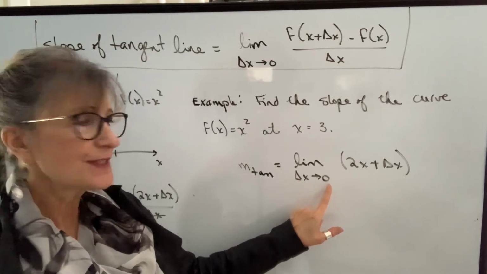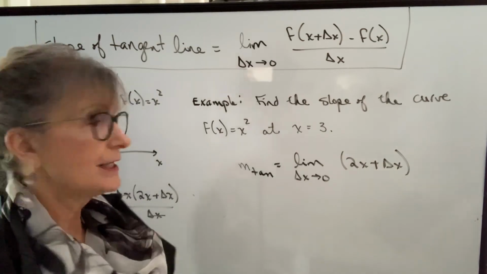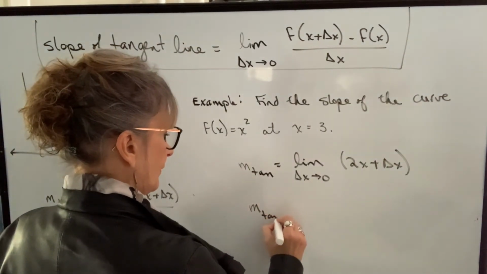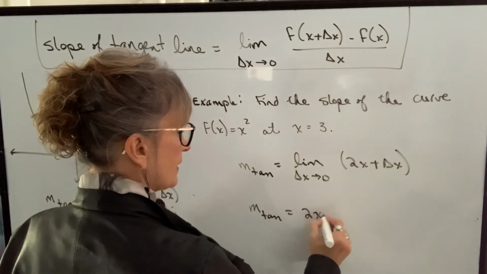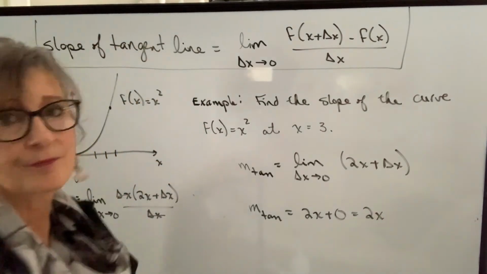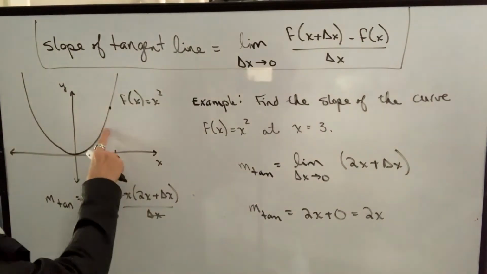Is this continuous when delta x equals 0? Yes, because the denominator is not there anymore. So therefore, I can evaluate the limit by putting a 0 in for delta x. So I'll have 2x plus 0, which is 2x. That's the formula for the slope of the tangent line to this curve.